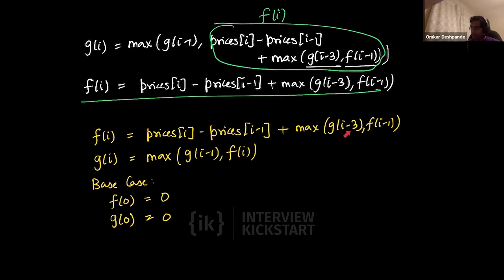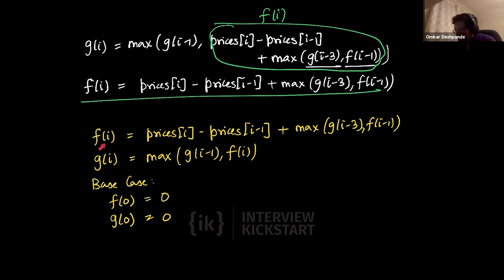So technically we need three base cases. We have a base case for 0. We also need to figure out what the values of f and g will be if I was 1 and if I was 2. If we have that, then from 3 onwards we can use these two recurrences.